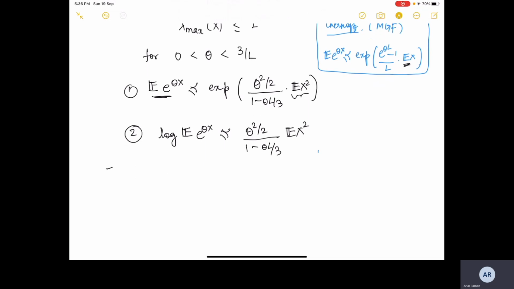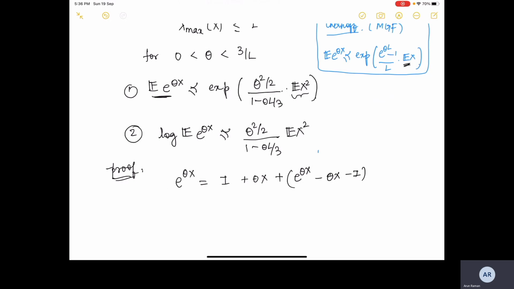Now we will start with the proof for this case. Since we already talked that we want to expose X square, we start with the matrix exponential of theta X. These are just some tricks.